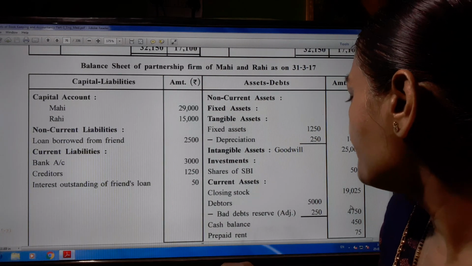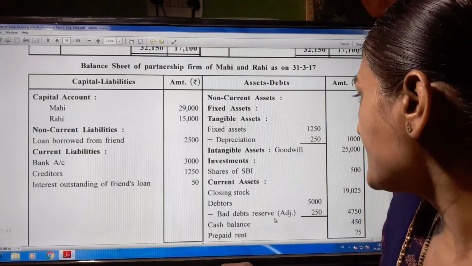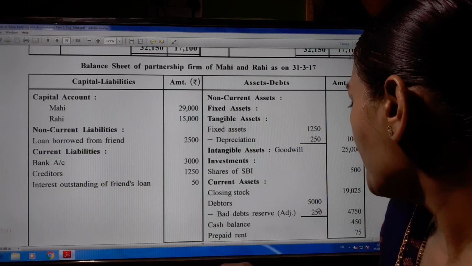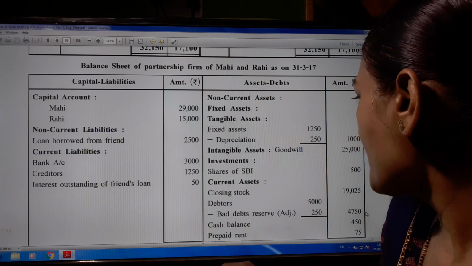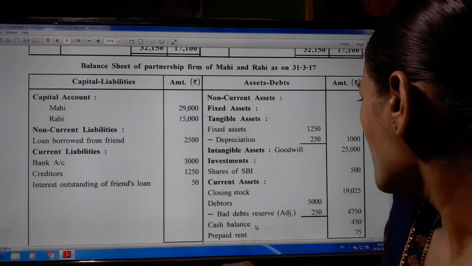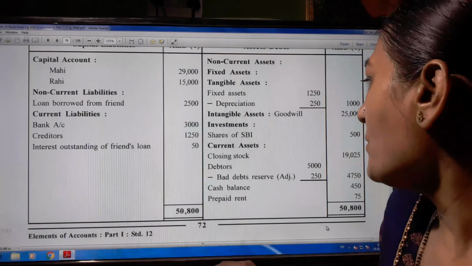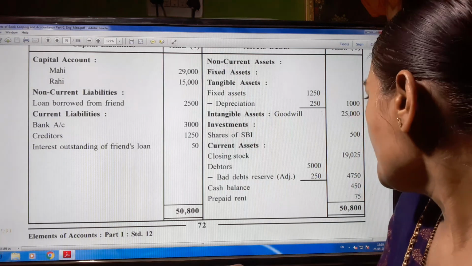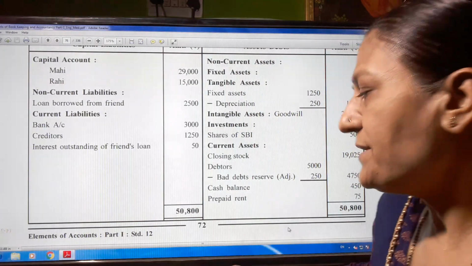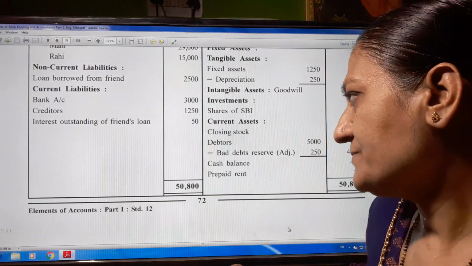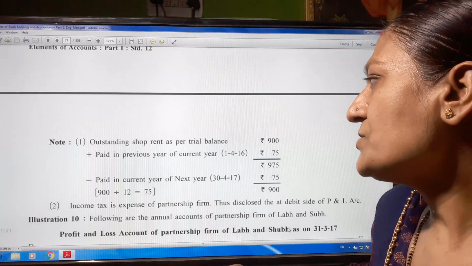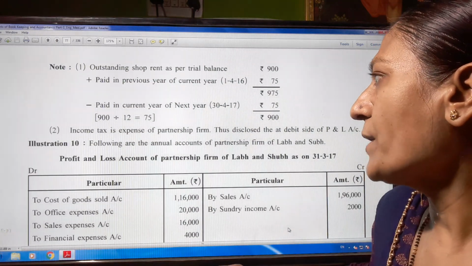Debtors 5,000, and bad debt reserve as per adjustment 250 minus, so 4,750. Cash balance 450 and prepaid rent 75. Total of both sides is 50,800, capital and liability side and asset side. This way our illustration number 9 is over.